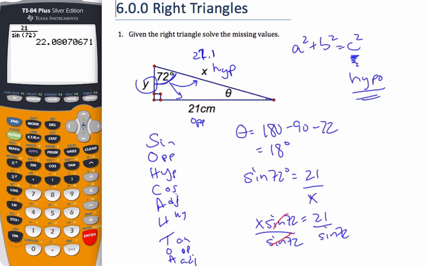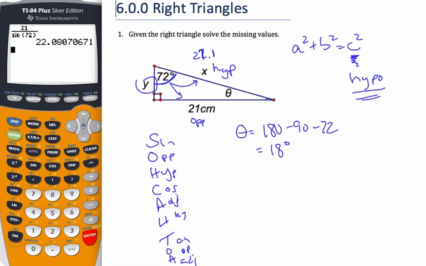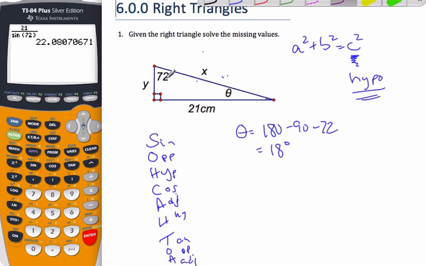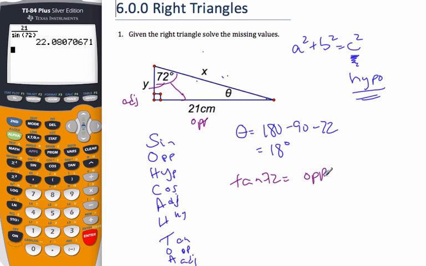I can think of several ways to do it. How would you do it, Mr. Song? I would use a tangent function. All right. Yeah. You would use tangent. And so if I'm going to use the tangent to get y, of 72, again, 21 is opposite. Y is adjacent, hence tangent. So the tangent of 72 is equal to the opposite over adjacent, which is 21 over y.